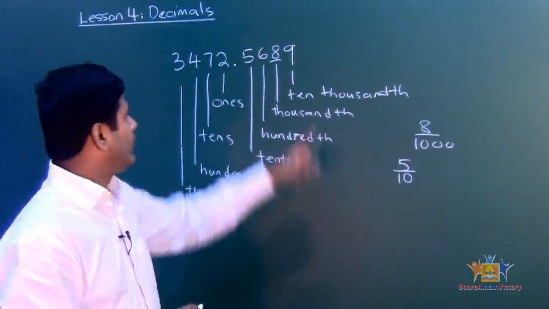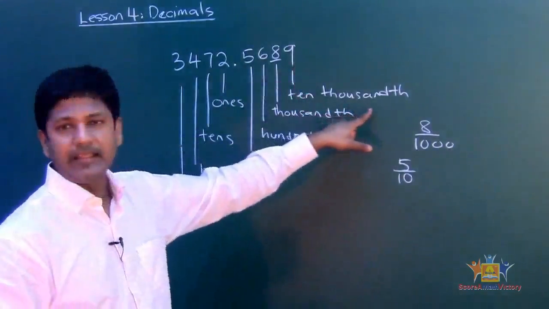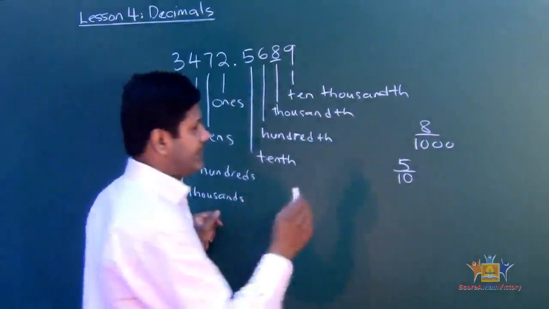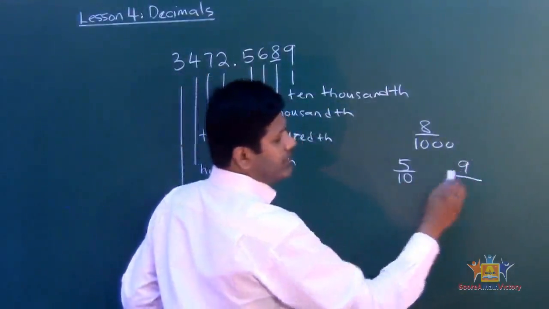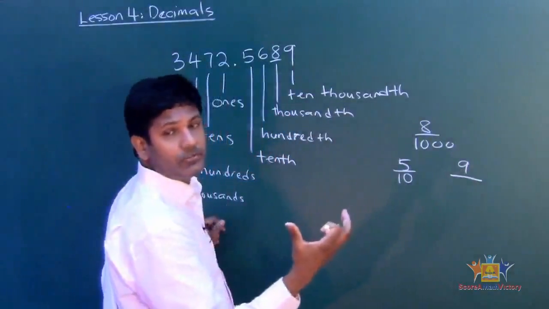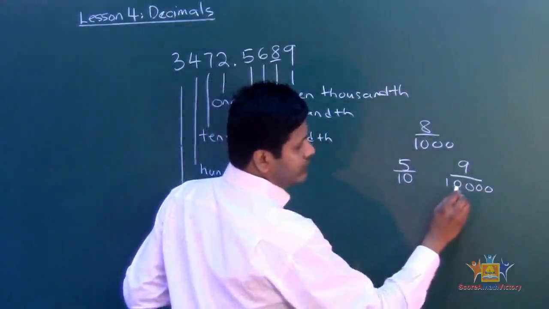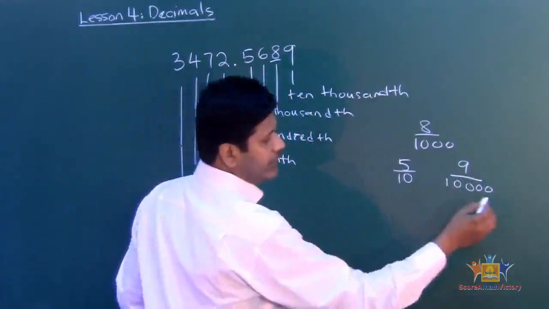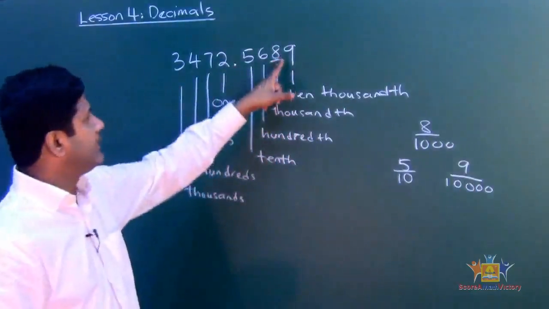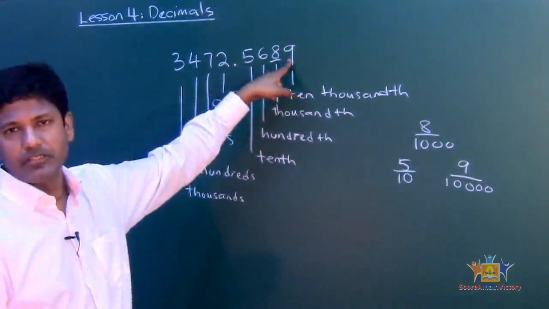If I pick 9, it's 9 ten-thousandths, 9 over 10,000. How many zeros does 10,000 have? 4 zeros: 1, 2, 3, 4. So that's the value of that digit.